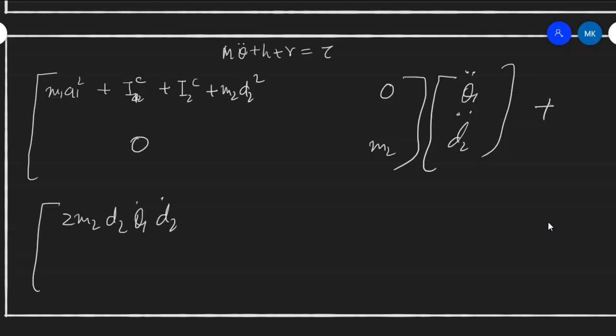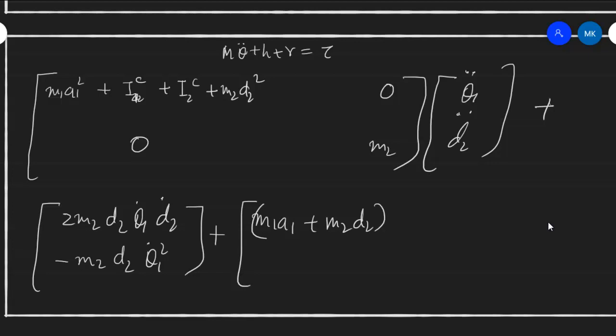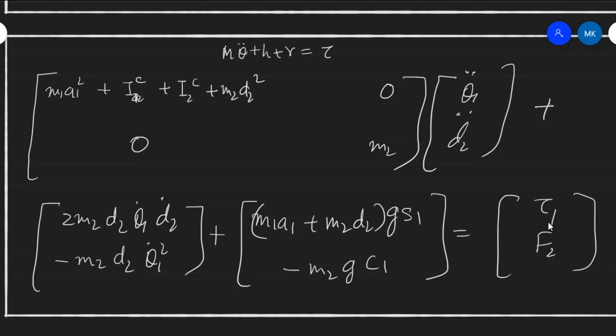So obviously the multiple of two velocities is the Coriolis component, and in the second one we'll have m2 d2 theta 1 dot square. This is the centrifugal component of link 2, plus the gravity component m1 a1 plus m2 d2 into g sine of theta 1 minus m2 g cos of theta 1 is equal to tau 1 and f2.